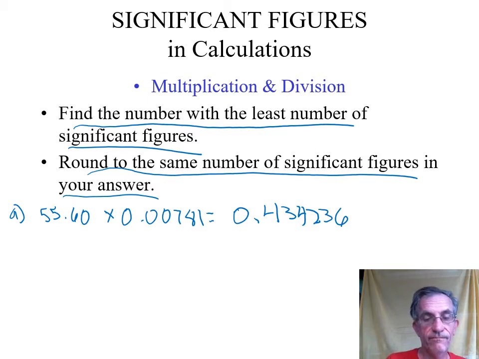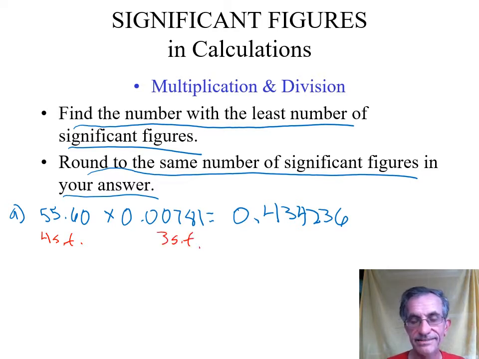So 55.60. How many sig figs are in that number? There's 4. Trailing zero with the decimal counts. 4 sig figs. How about in 0.00781? The leading zeros don't count. 3 sig figs. All right.